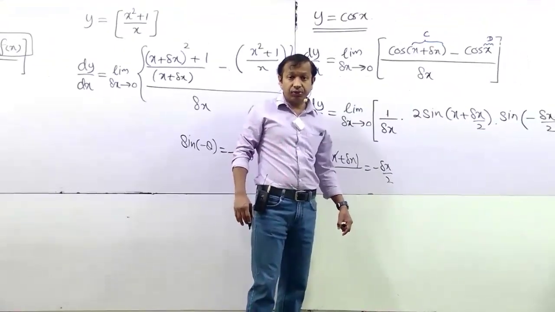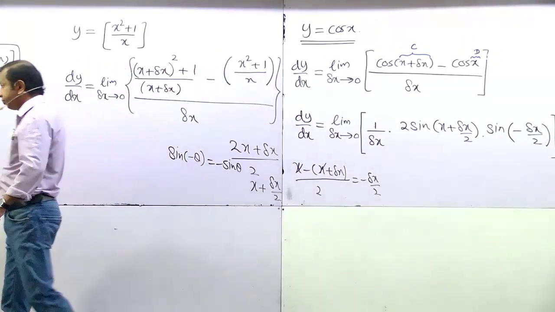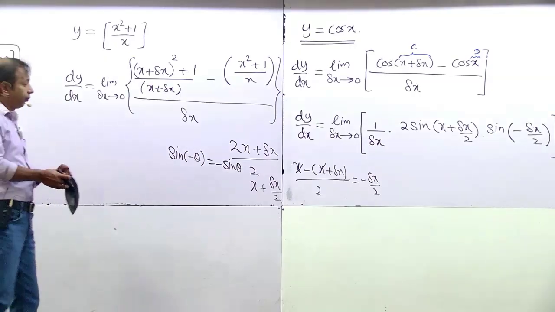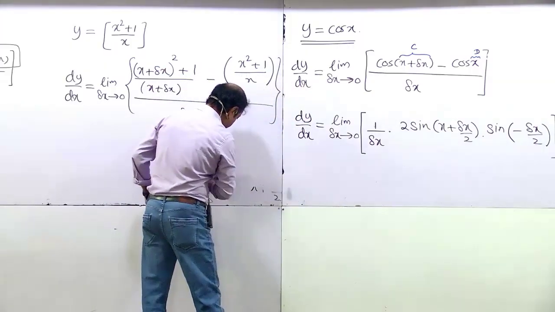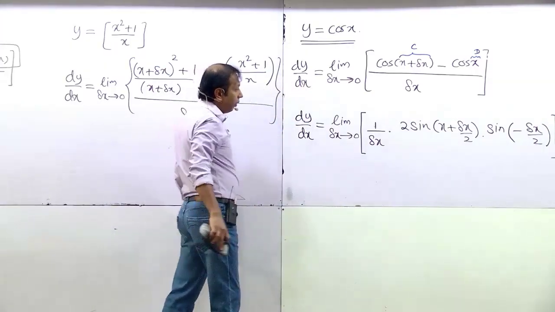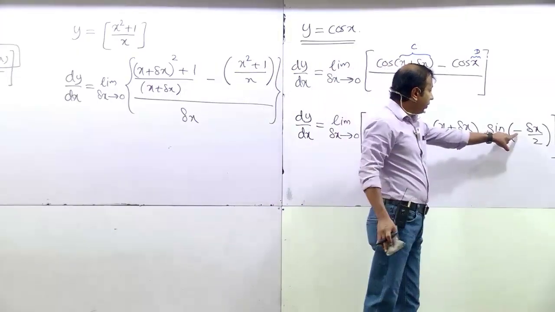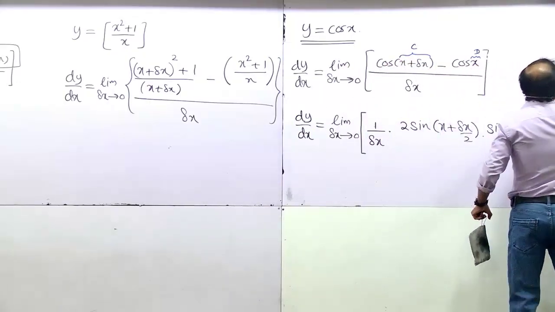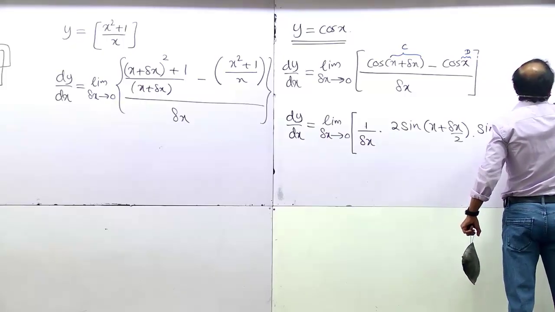Therefore, I am going to arrange it like this. This minus sign I take out and I write that here, dy over dx, that minus sign I write here.